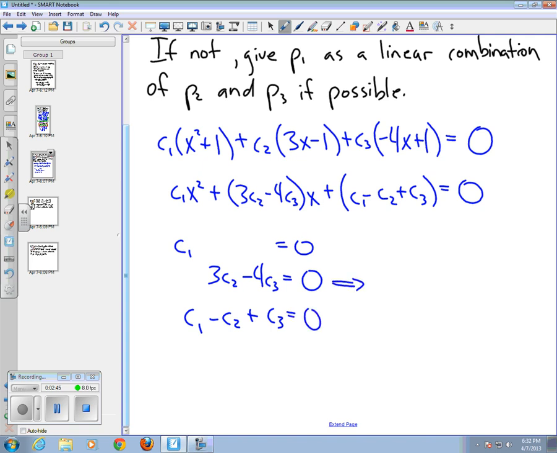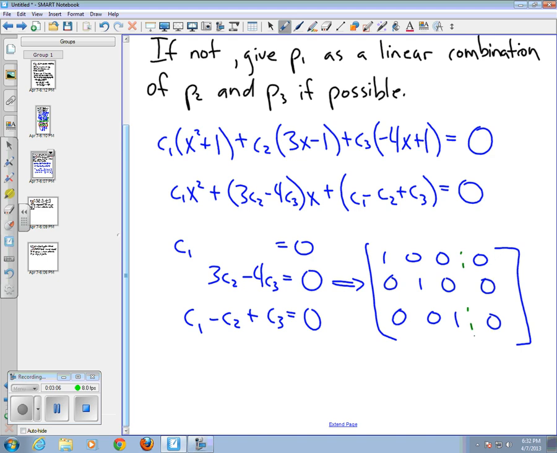If we set up the augmented matrix and row reduce it in this case, what we come up with is the matrix 1, 0, 0, 0, 0, 1, 0, 0, and 0, 0, 1, 0. And remembering that this came from an augmented matrix where the columns represent the scalars c1, c2, c3, we see that the only solution is c1 equals 0, c2 equals 0, and c3 equals 0.